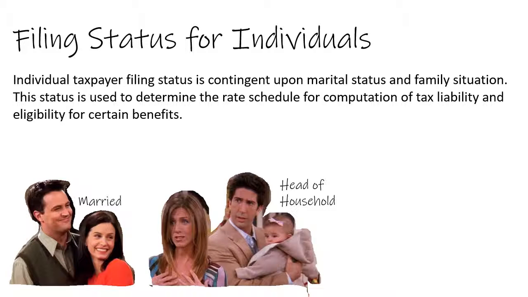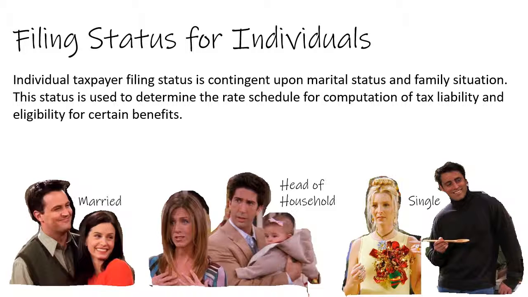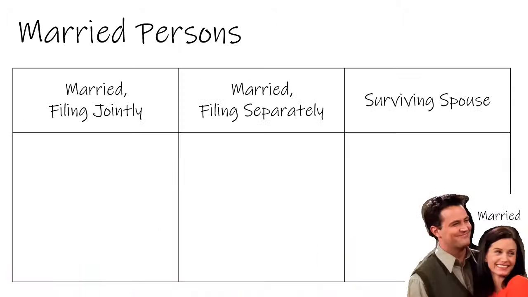The second is head of household, which refers to an adult who is unmarried but has care of a dependent or other qualified relative. And we'll define both qualified relative and dependent in a little bit. And finally, single, which is an unmarried person without head of household requirements.